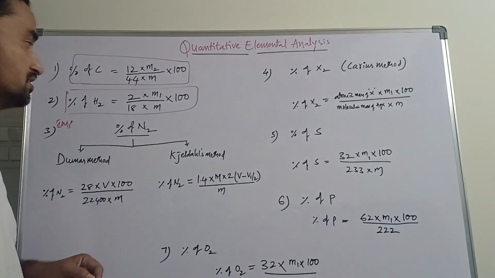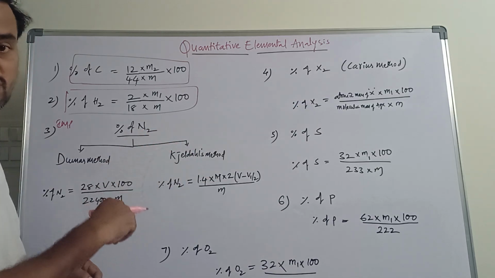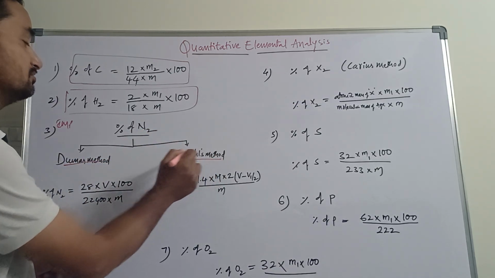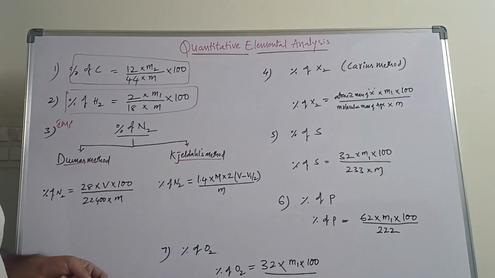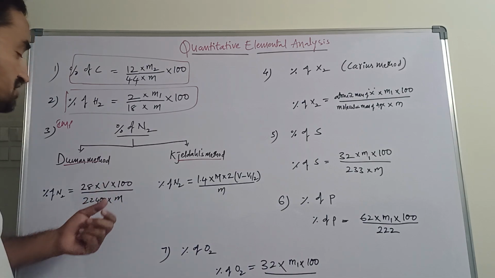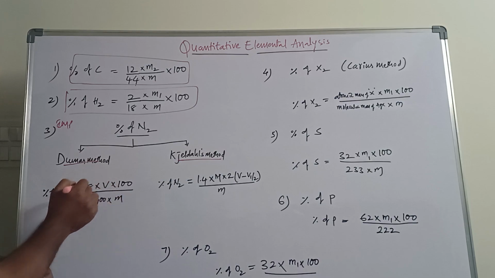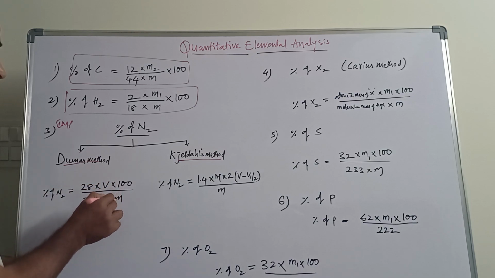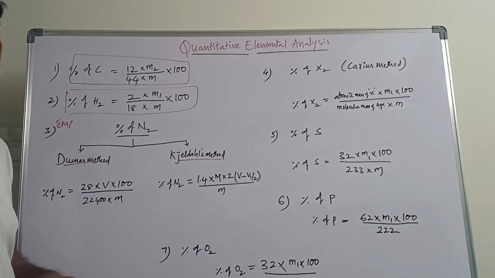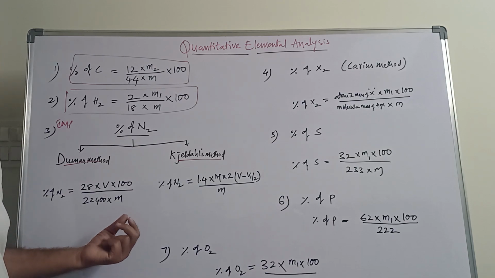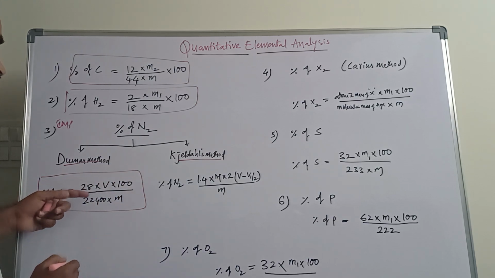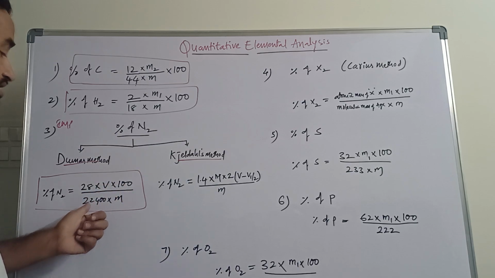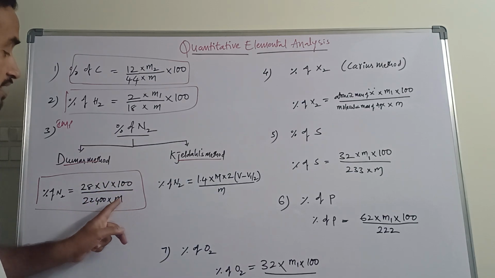Now the percentage of nitrogen can be calculated by two methods, known as the Dumas method and the Kjeldahl method. In the Dumas method, we calculate the volume of nitrogen liberated at STP conditions, V, where M is the mass of the organic compound taken. The percentage of nitrogen in the Dumas method is 28 into V into 100 divided by 22,400 into M. Why?